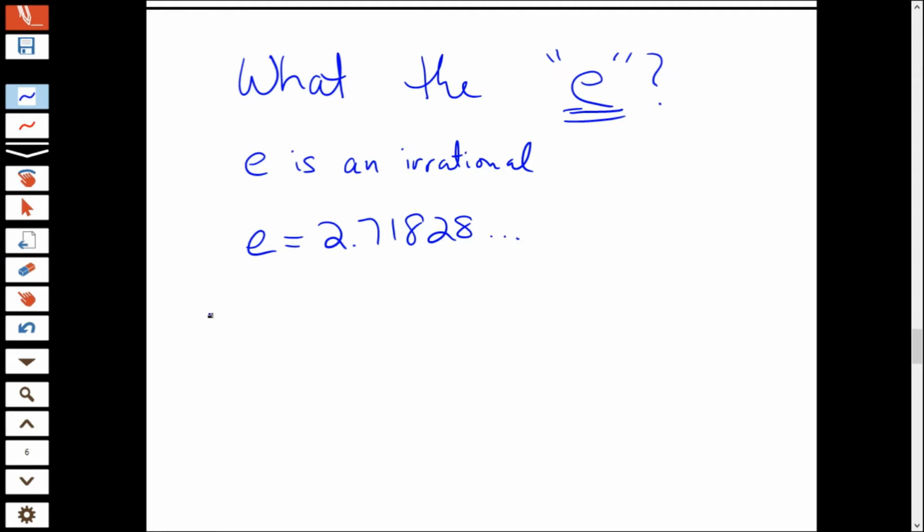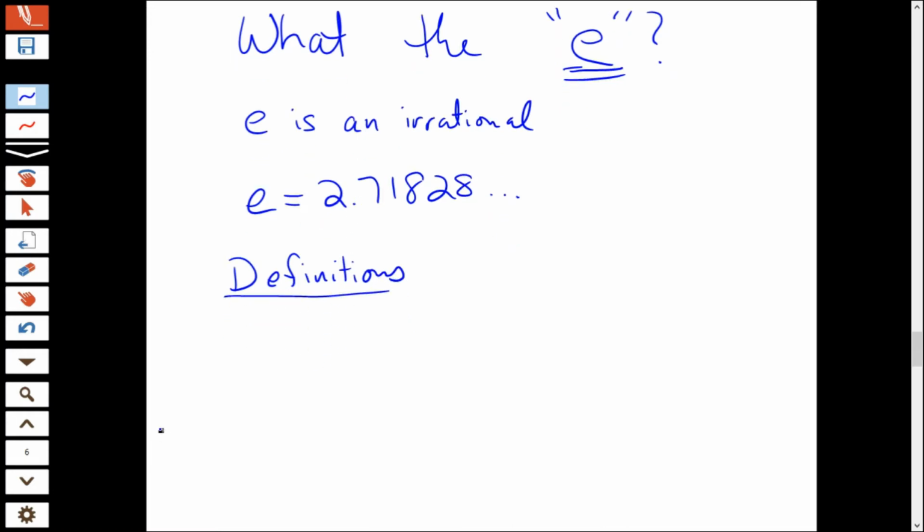Well, originally, when we think about the definitions for E, oftentimes we think of it as coming from an application, all right? And that application is a compound interest formula.